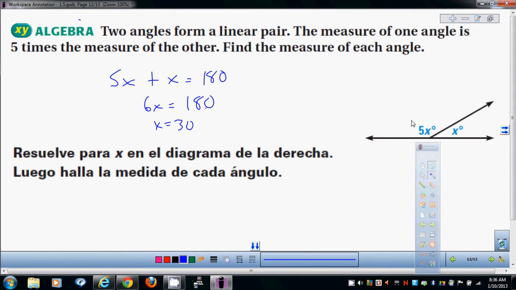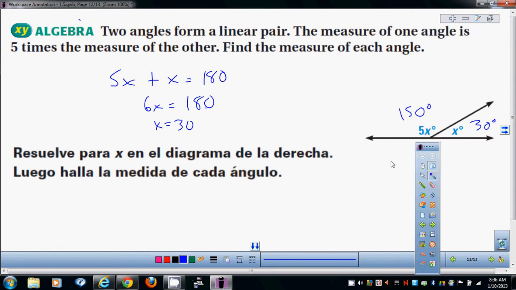What's this angle going to measure? Yes, sir. Muy bien. And what's the other one going to equal? Just 30. There you go. And there are your angles. The vocab will guide you to what math to do with them.